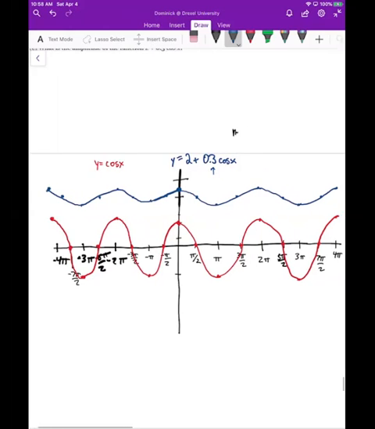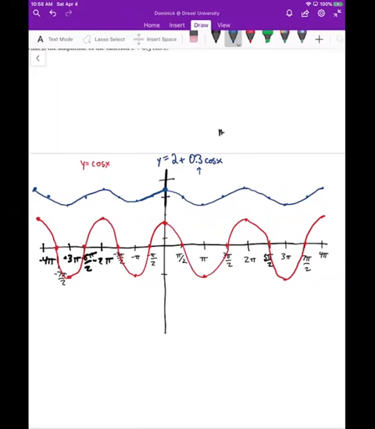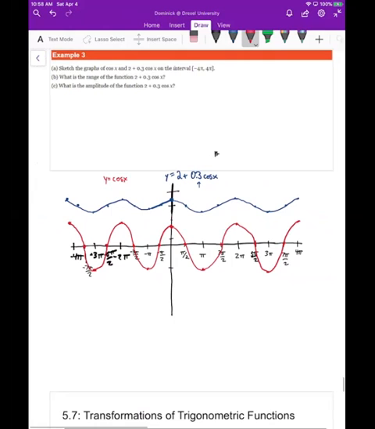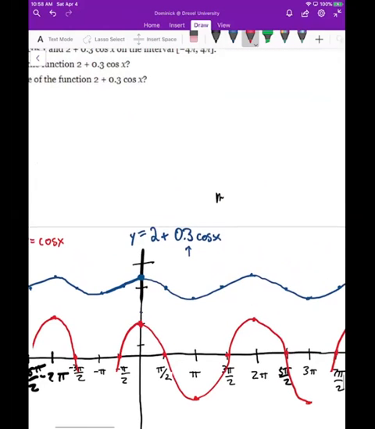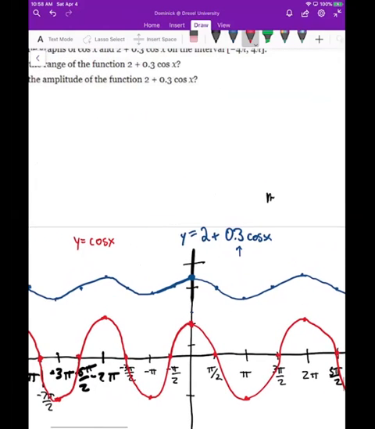All right. So of course, this 0.3 made everything squash down, but the 2 shifts everything up. So if I take 0.3 and multiply it by my range of -1 to 1 and add 2 to it, my new range is going to be -0.3 comma 0.3 plus 2. So my new range, like we sort of said, was 1.7 to 2.3.